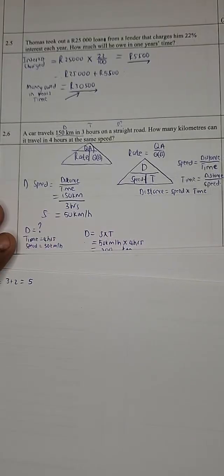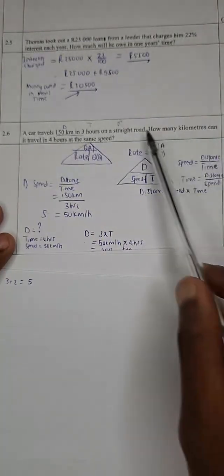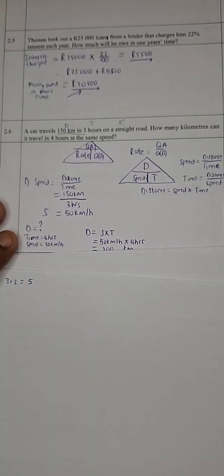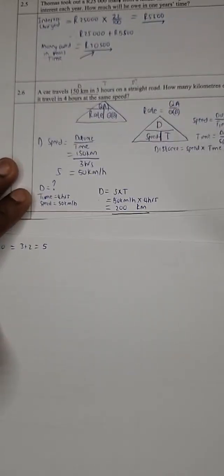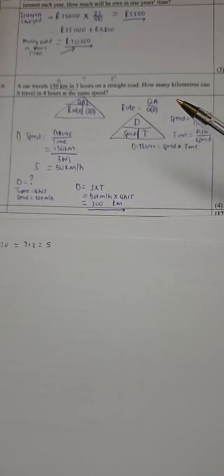That means it was traveling at 50 kilometers per hour and it continues to do so. So this is a constant speed, because remember the word constant means the same. I hope that calculation is clear.